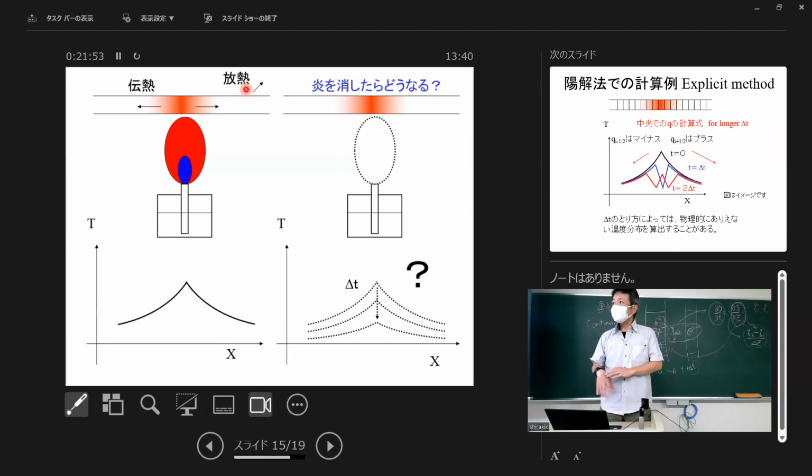Surely we have some release or vanishing of the heat, but now we do not think about this phenomenon, this output. Okay, so heat is only moving along this path.